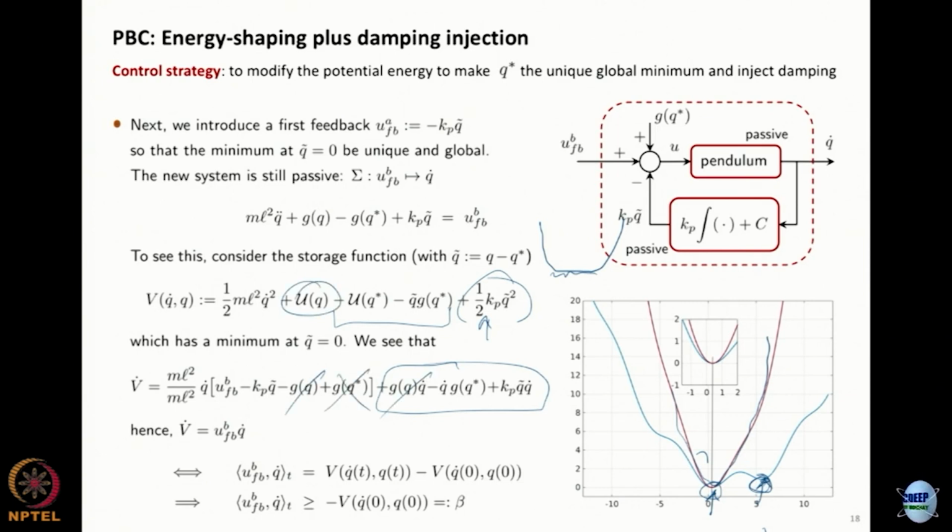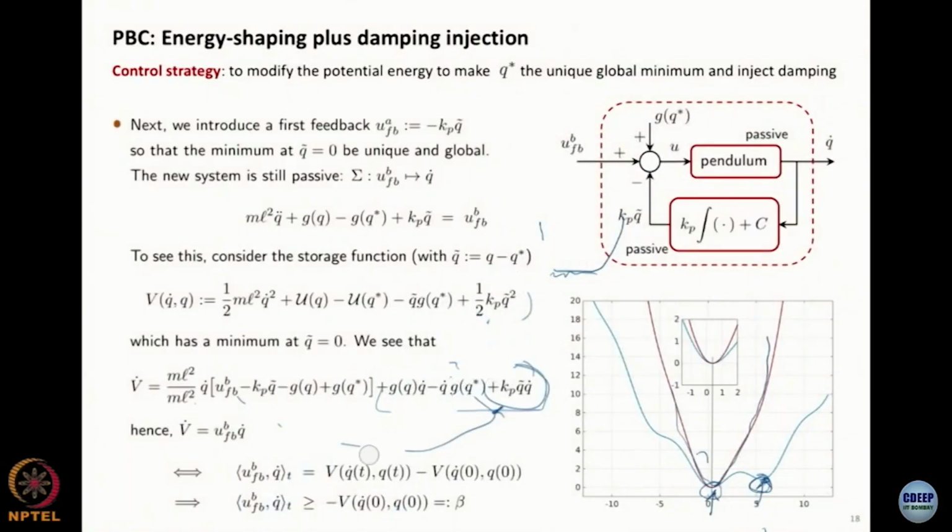This one comes from the controller, so it will cancel out with this one. Okay, so it's multiplied by q dot here, and this one comes from the parabola that I added to my potential energy. That means that in my controller I should put this gain here. And it's a very simple controller for a nonlinear system, right?